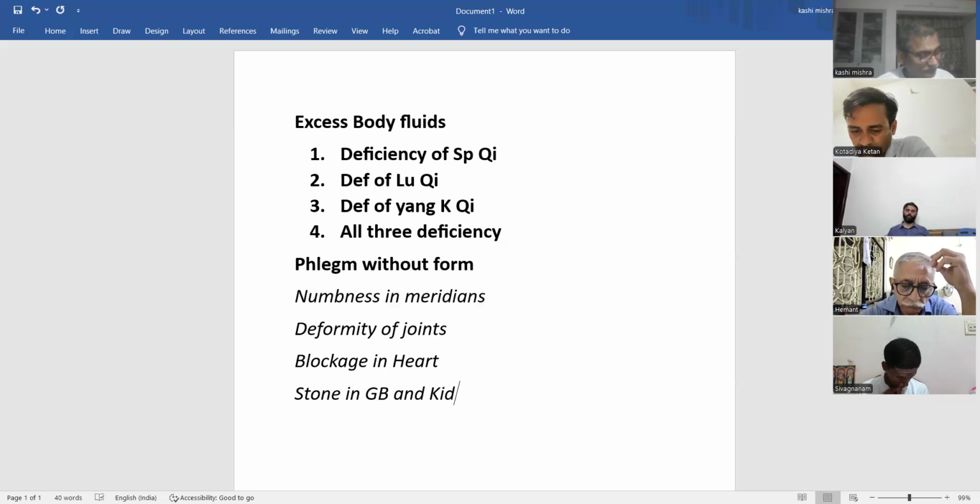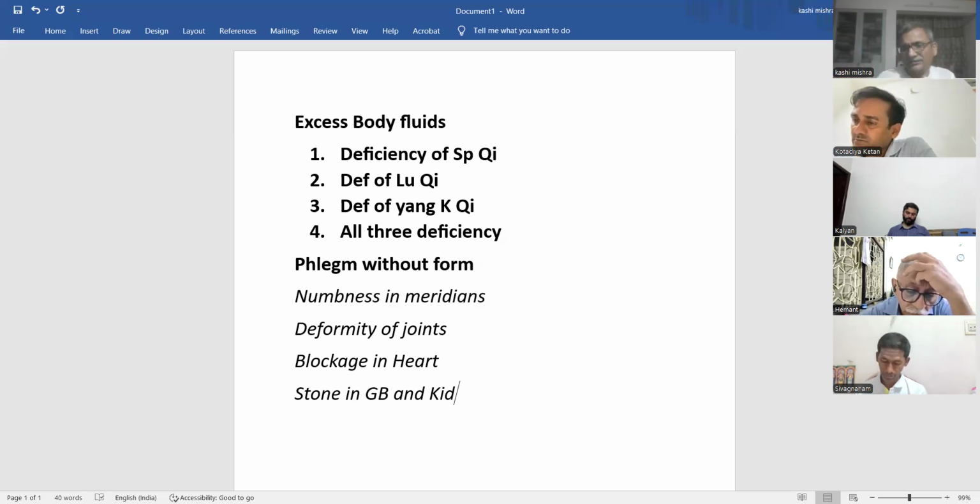क्या करना चाहिए? हमने बता दिया आपको क्या करना है. What we have to do, whichever meridian is there, go opposite flow, try to take out, and tonify spleen chi and kidney chi, fire kidney side. ठीक है.